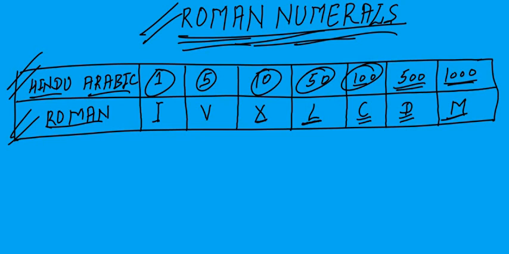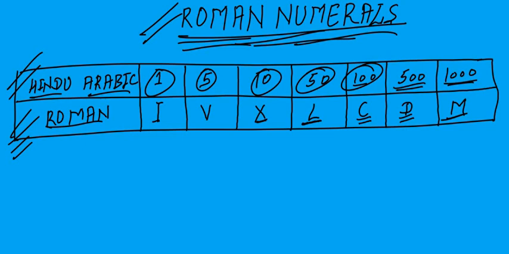In Hindu Arabic you can write any number, but in Roman numerals we can write only up to 1000. We are unable to write numbers more than 1000. So Roman numerals only allow us to write numbers up to 1000.